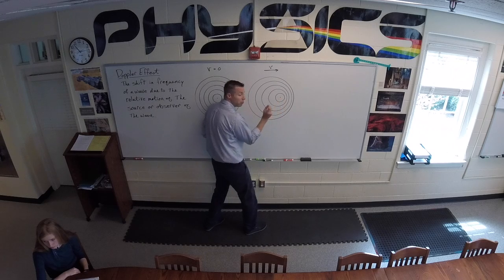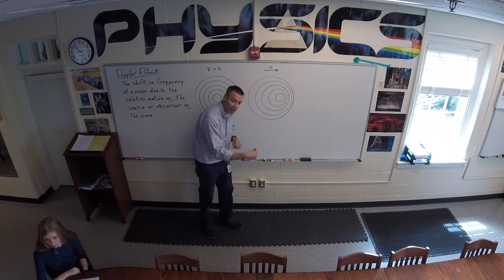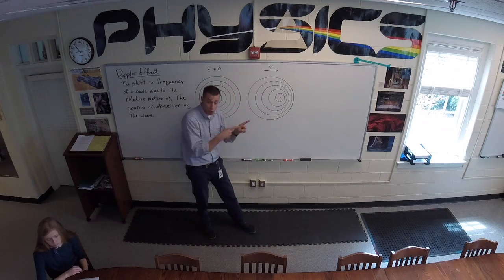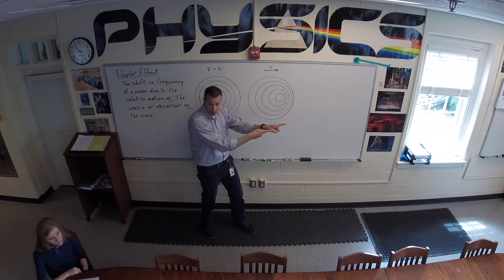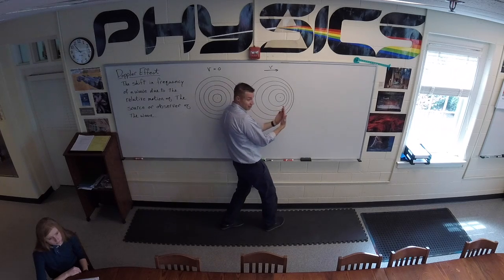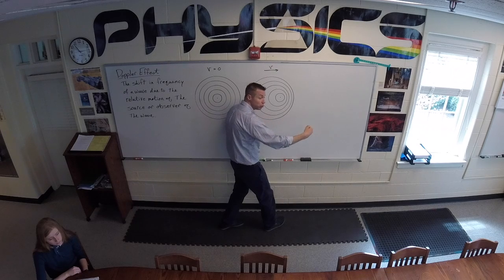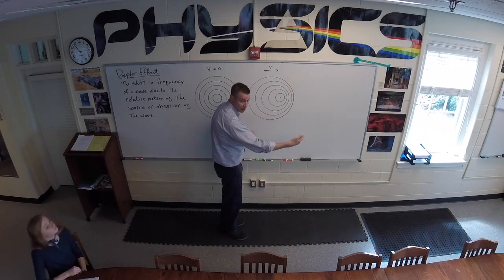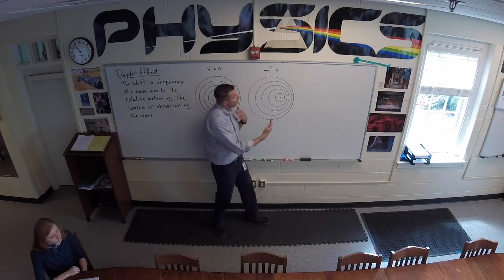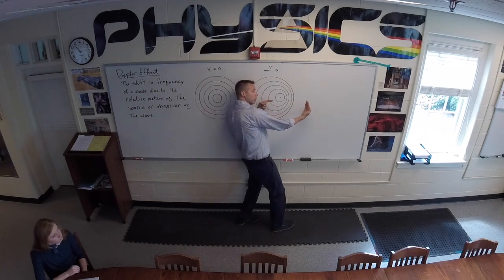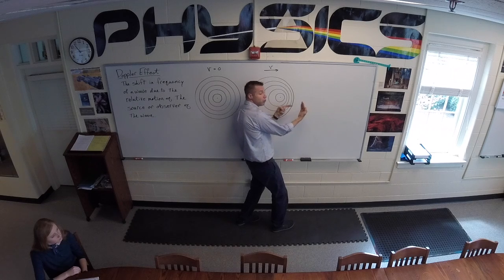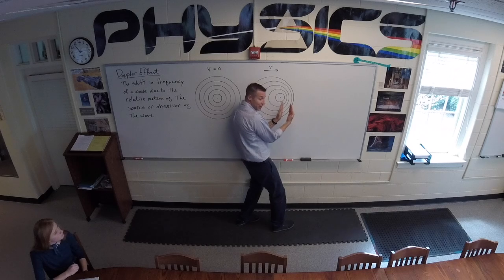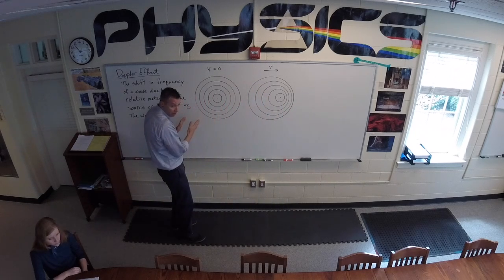And so because the source of the vibration is moving, in the front, it is closer to the wave fronts of the previous vibrations. In other words, on the side where the source of the energy is moving, the wavelength is less than what it would be if it was stationary.